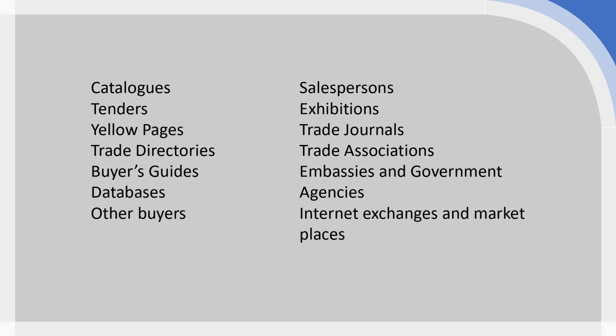As well as this, going to exhibitions, visiting, contacting salespeople, going to trade associations, and if we're procuring overseas, then making use of both the UK government and various other governments are also a decent place to go. So there is a huge range of ways to actually start compiling lists of suppliers and starting our solicitation process. And this is something that we do want to make the best use of.